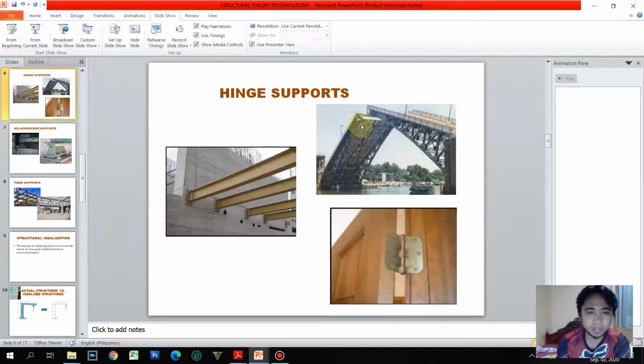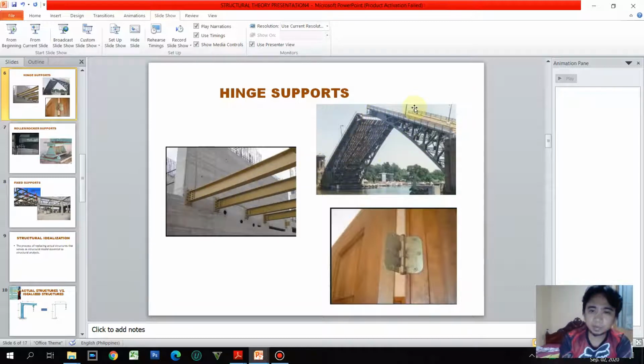So here we have an example of hinge supports. For hinge supports, we have bolts, rivets, or nails in lumber. Again, it is free to rotate, so it depends on how you treat the structure.